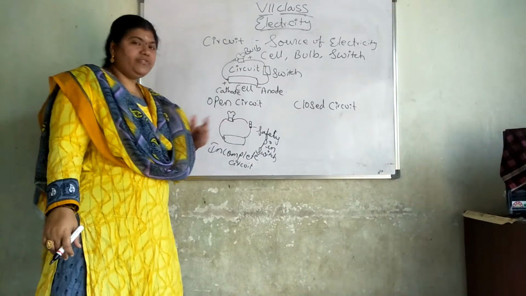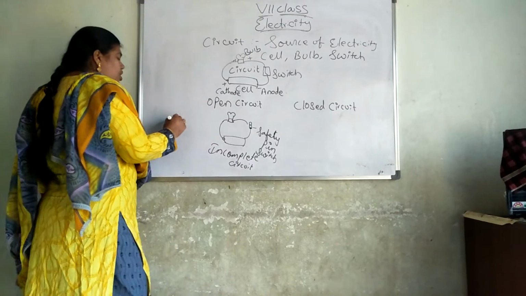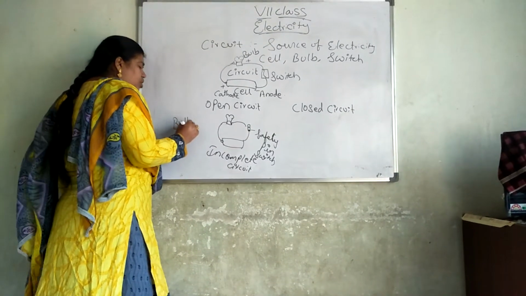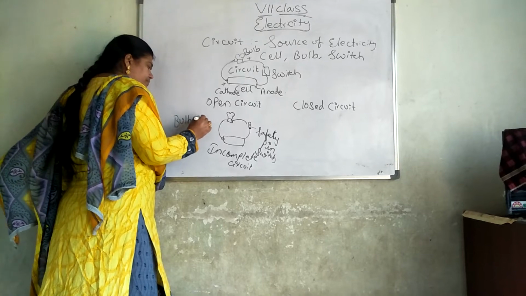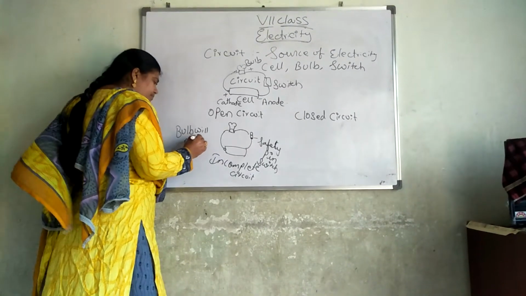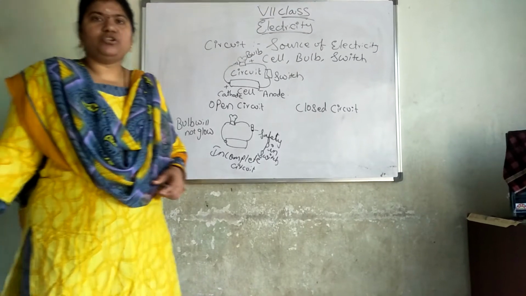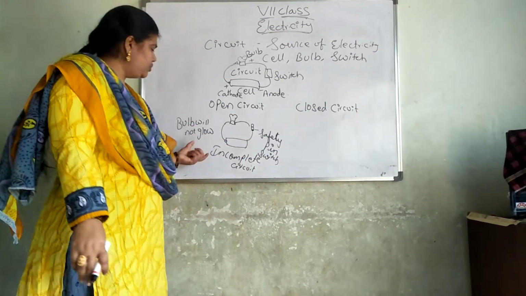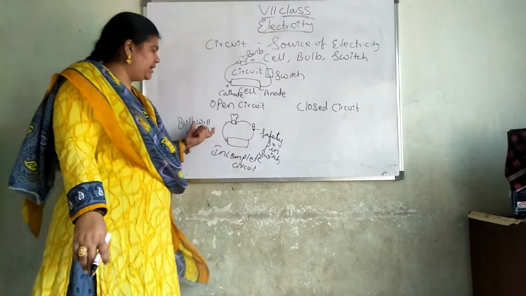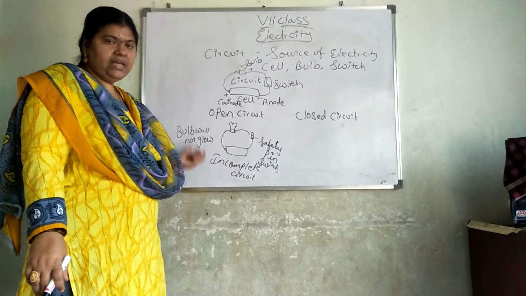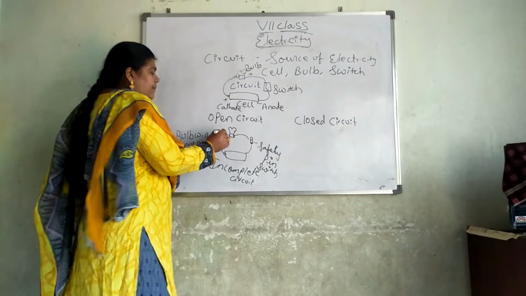So here what will happen? The bulb will not glow. So what does an open circuit mean? The circuit is not in complete order; the circuit is not completely connected.